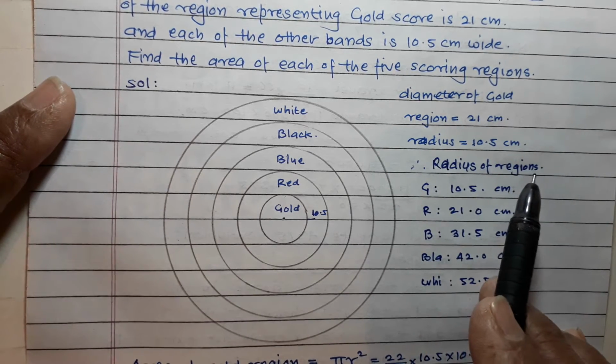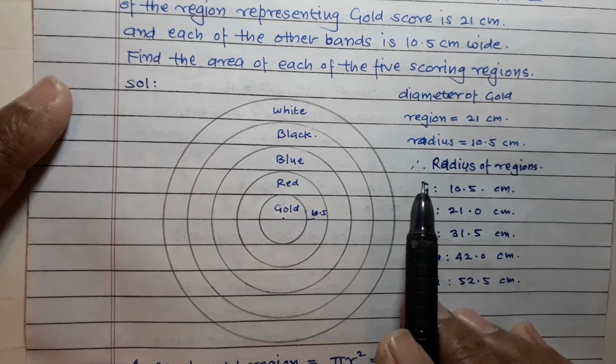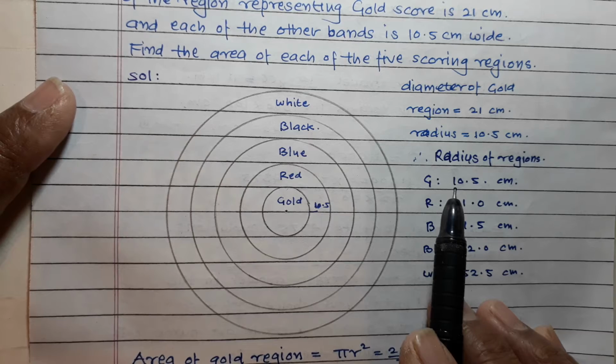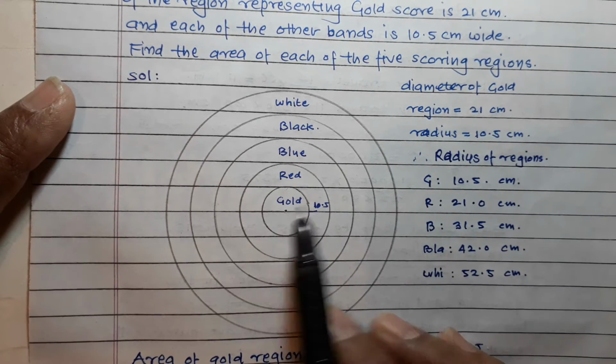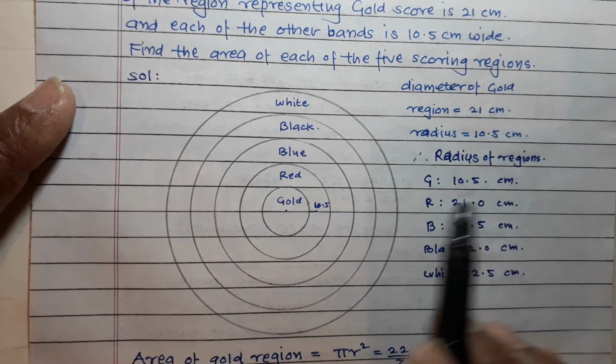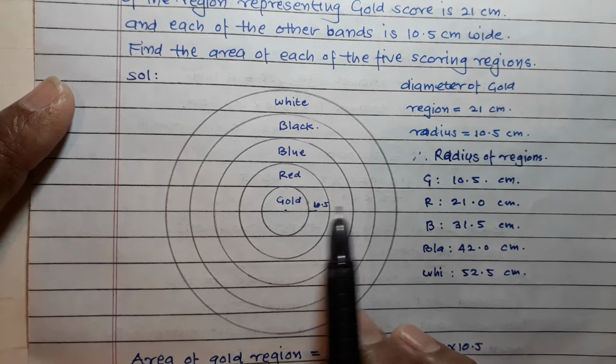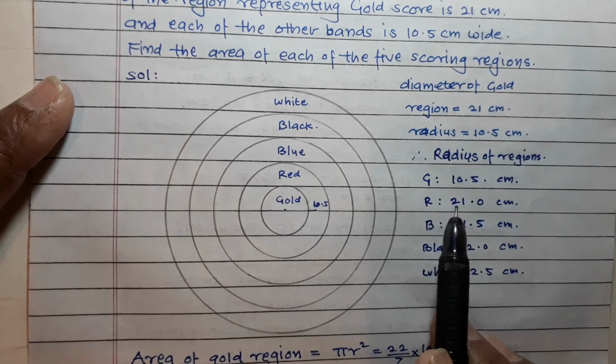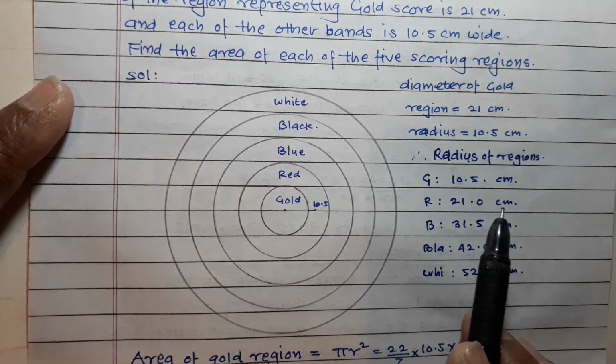Radius of region G is equal to 10.5 centimeter. Then radius of region R, from this center to this, is equal to 21 centimeter.